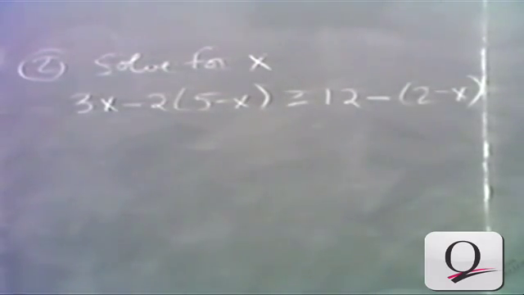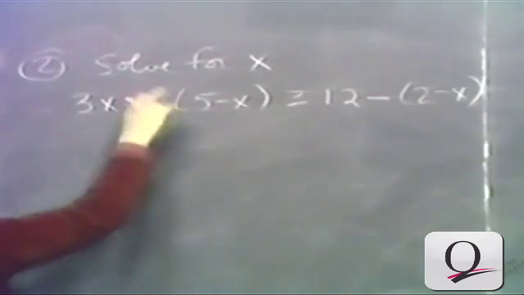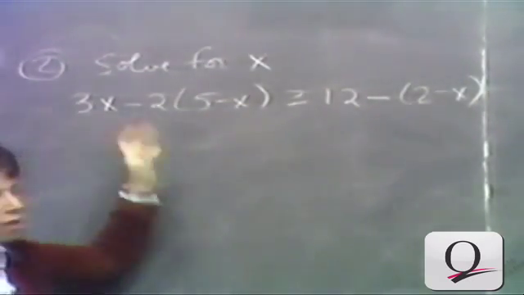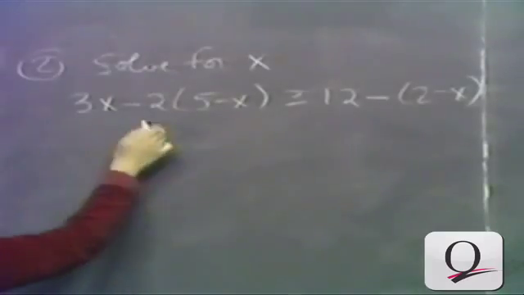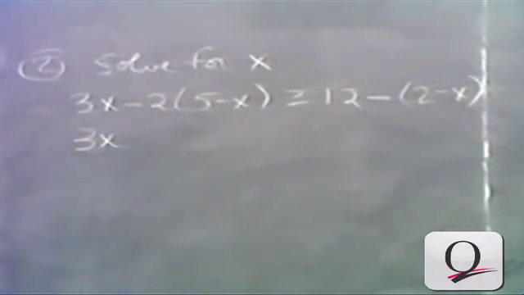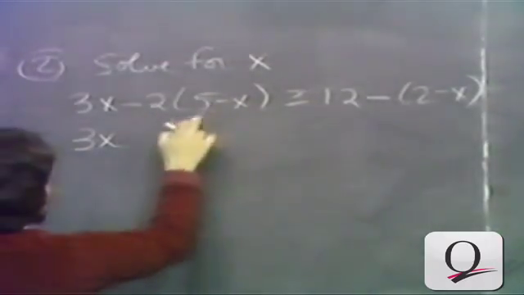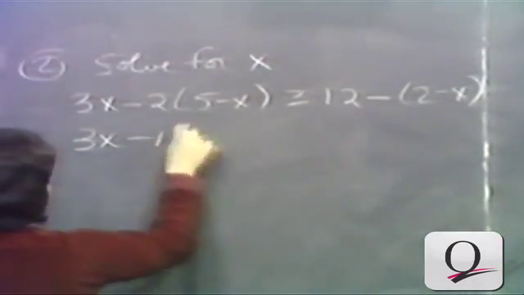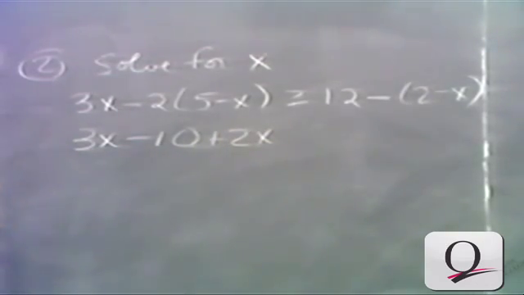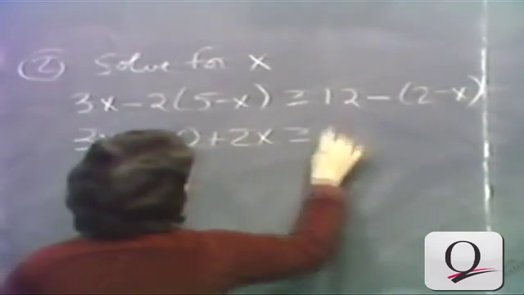Don't confuse this with, say, (3x minus 2) times (5 minus x). We're not multiplying two binomials here. What we're going to do is have 3x, and now we will distribute the minus 2 through the parentheses. Minus 2 times plus 5, that's minus 10. Minus 2 times minus x is plus 2x. Greater than or equal to 12.